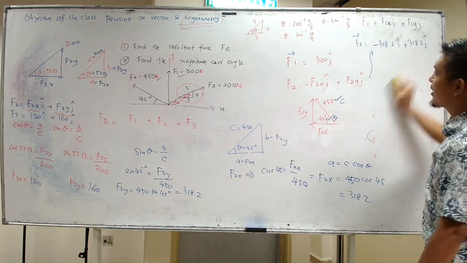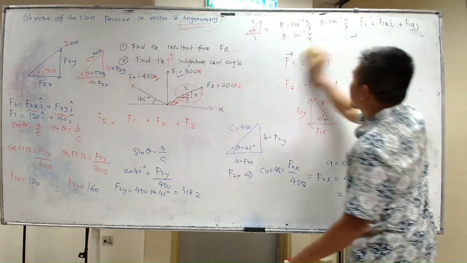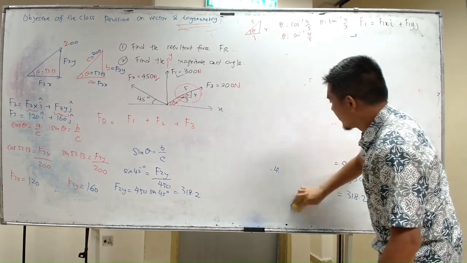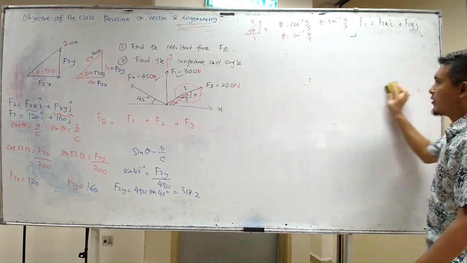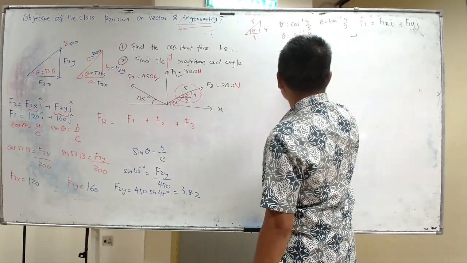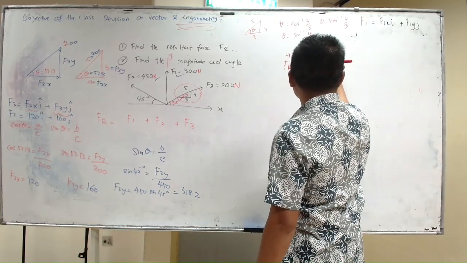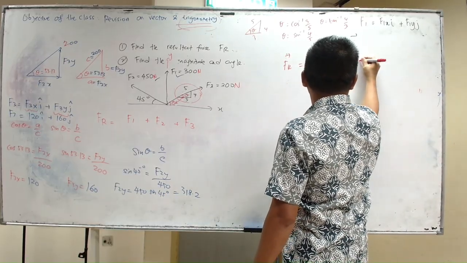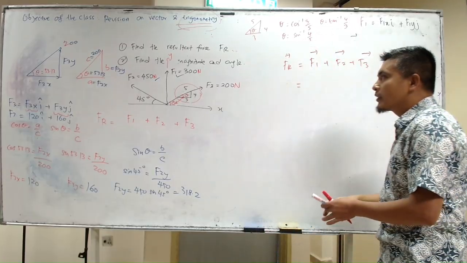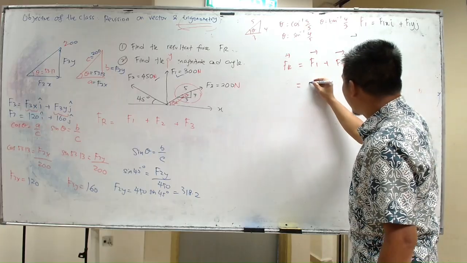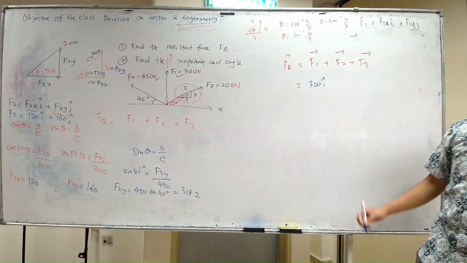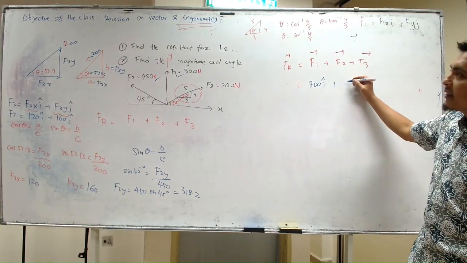So we will end our class where we can conclude that the FR is F1 plus F2 plus F3, where based on our calculation F1 is 300, okay. F2, what is the answer again?